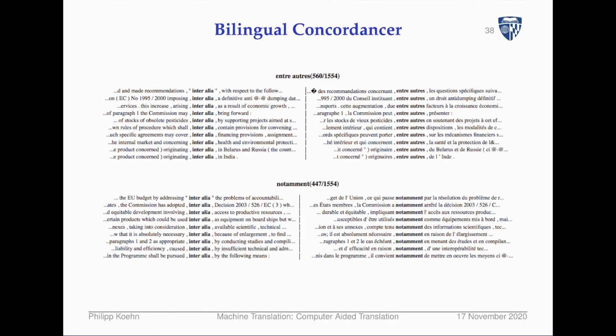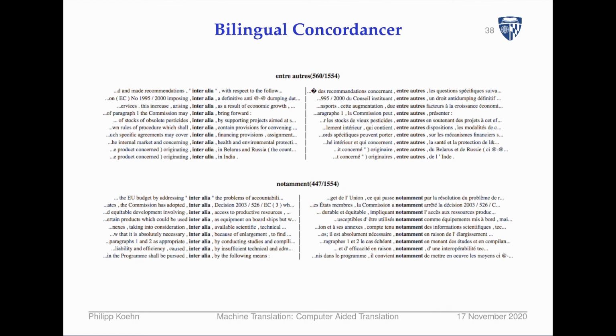Here's another interesting tool. This is something that translators have actually been using for a while, which is just looking up how a word was translated in existing text. Often you have two choices for how to translate something, and you don't know which one is better to use. It might depend on the context. So you want to see some examples of how the one translation was used and how the other translation was used.